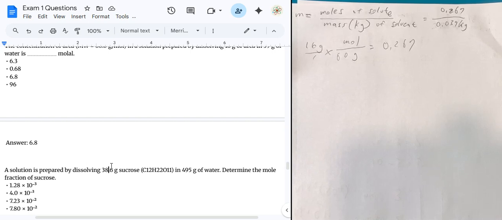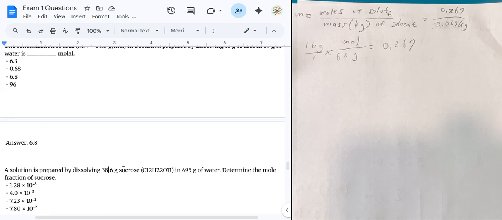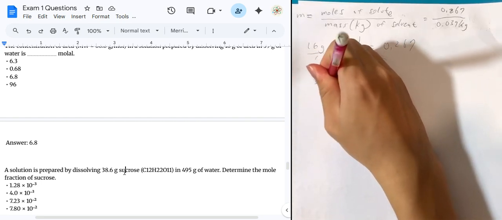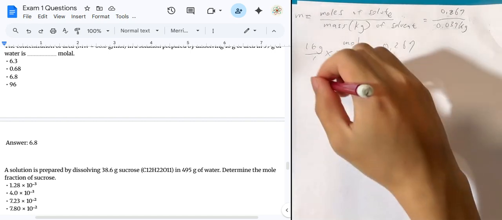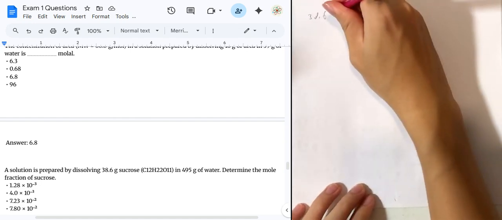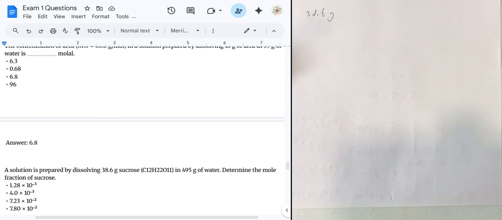So we try to use the moles of sucrose, and we know the grams for it, 38.6, and we don't know the molar mass for it, but you hopefully know how to find it.